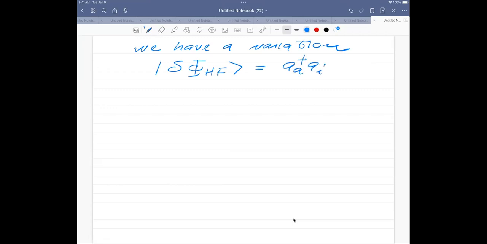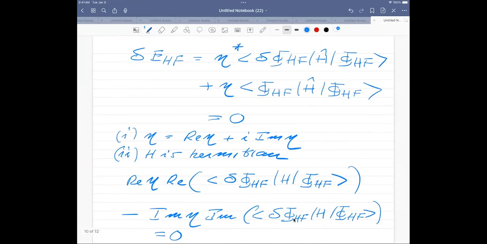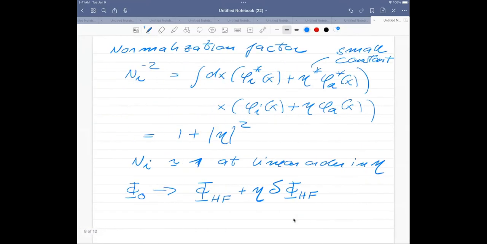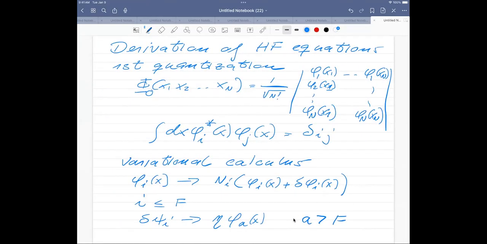So we are going to assume now that this can be written out in the following way. If you go back to the assumption we made earlier, this is our phi Hartree-Fock. When we go back to the single particle variation, we simply assumed that this variation had some mixture from a state above the Fermi level. Because else, if we just kept it like this, that would just bring us back to the same Slater determinant, and we wouldn't have made any changes.